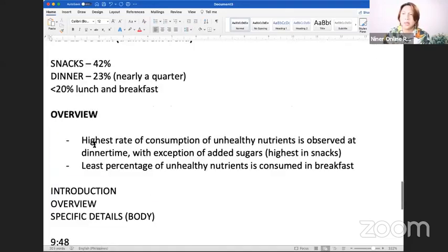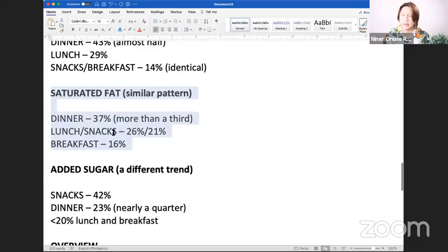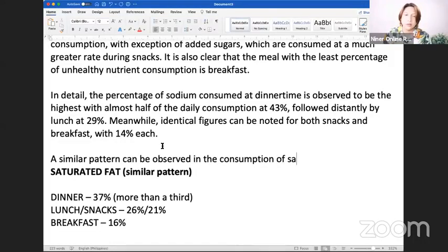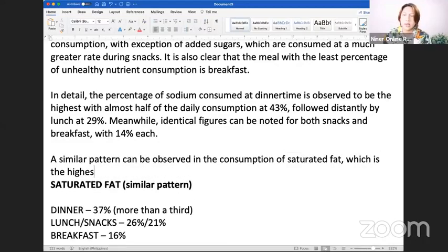Let's move on to the next one, saturated fats. A similar pattern can be observed in the consumption of saturated fat, which is greatest during dinner time at 37%.